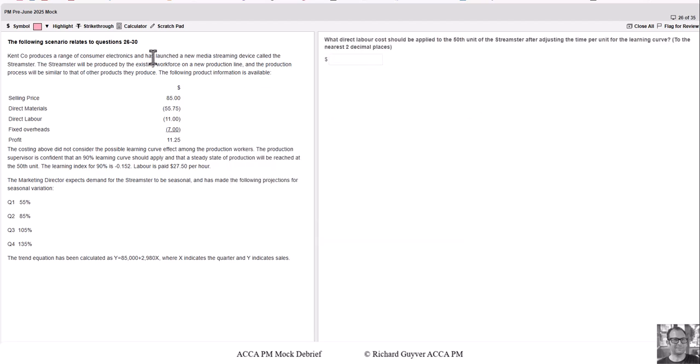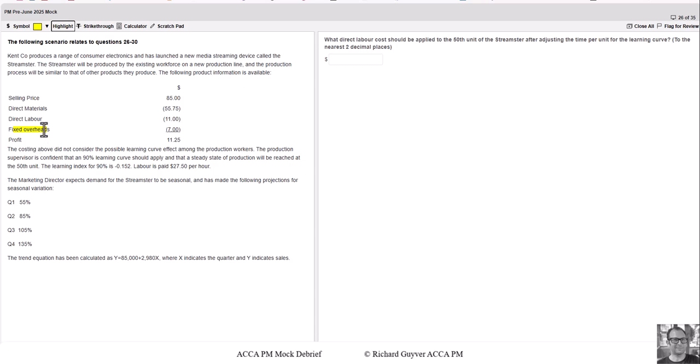So let's take a look at our narrative. Kent Co produces a range of consumer electronics and has launched a new media streaming device called the Streamster. The Streamster will be produced by the existing workforce on the new production line, and the production process will be similar to that of other products they produce. The following product information is available: product price, material and labour cost, fixed overheads, and profit.